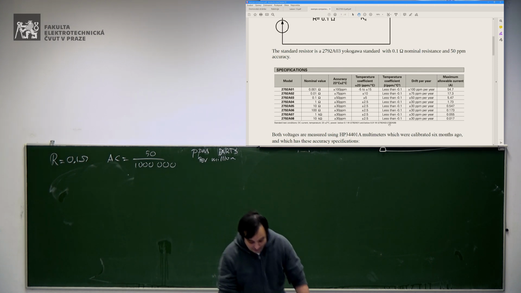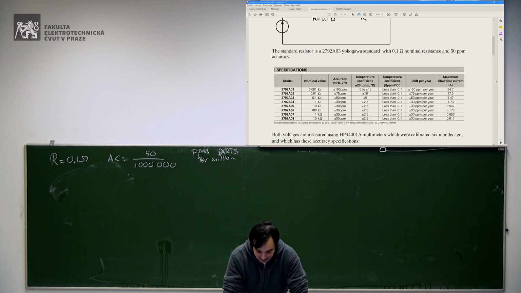Then we have a temperature coefficient, which is plus minus 5 ppm per degree. And, very important, the drift per year. So this is when you buy it, but then if you wait long enough, it will drift. Quite significantly, the amount of drift per year is the same amount as the accuracy. Okay, so if you wait 10 years, then your accuracy becomes 10 times worse.